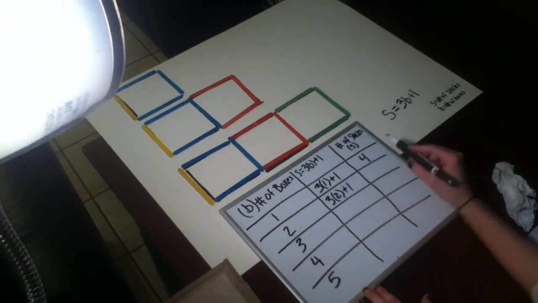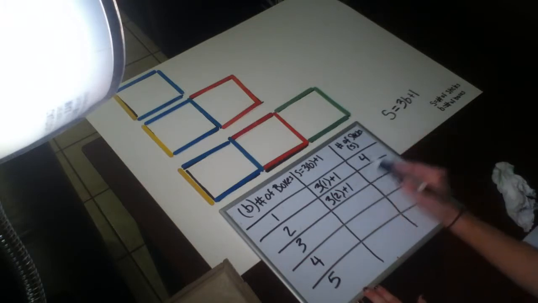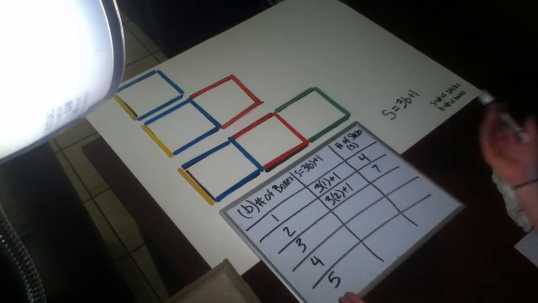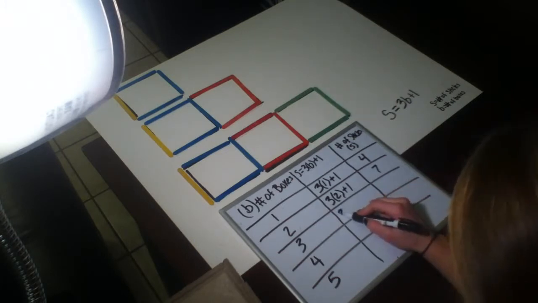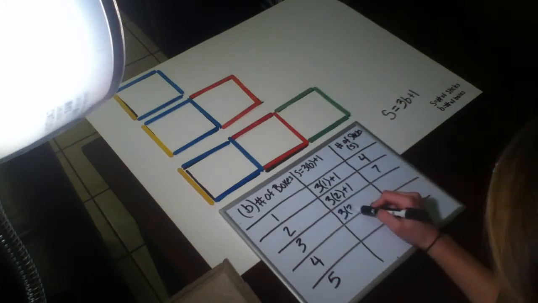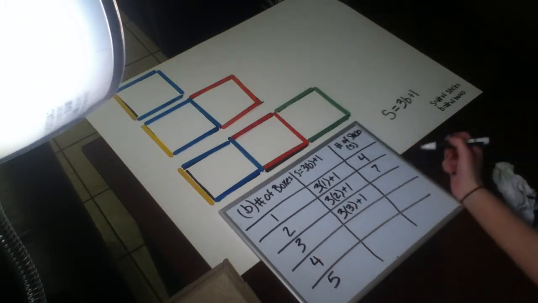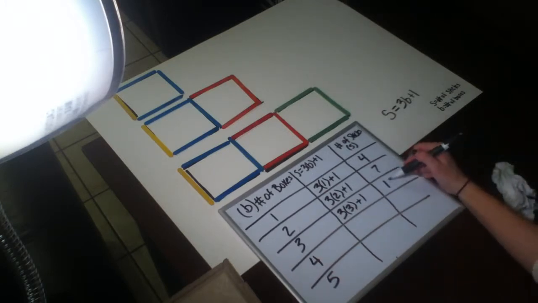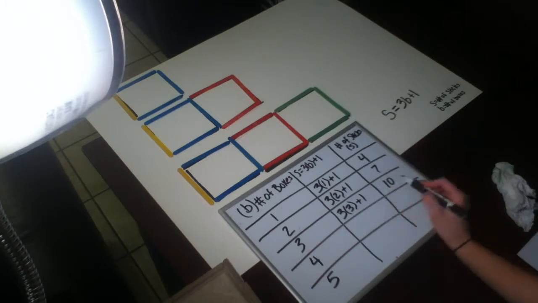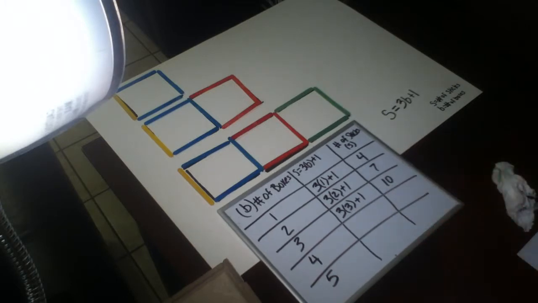We know that 3 times 2 is 6 plus 1 is 7. So we see that that one works. So now we have 3 times the number of boxes, which is 3, plus 1, which will give us 10, because 3 times 3 is 9, plus 1 is 10. So we see that that one works.